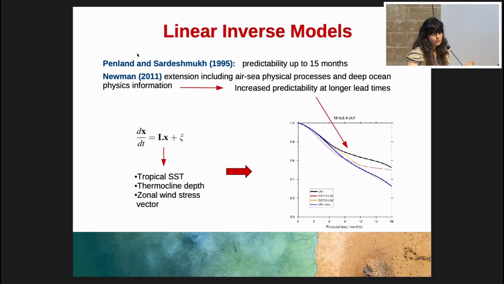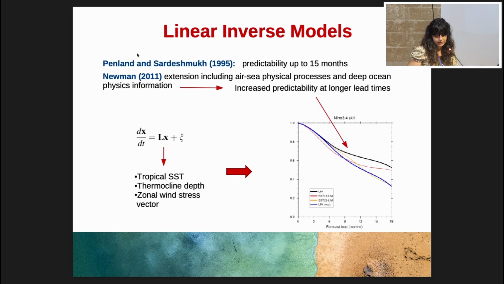For example, they started including more variables because they discovered that it led to longer predictability at longer lead times if you include not only SST, but also variables that relate to subsurface processes. They also developed the cyclostationary LIM, in which they get estimates of the DMD operator from the different months of the year to account for seasonality.